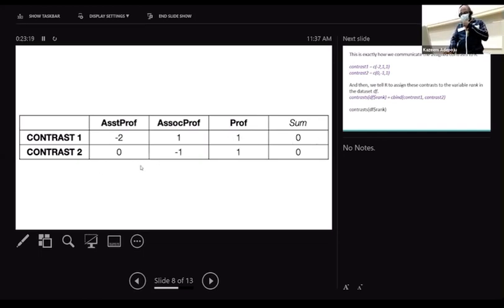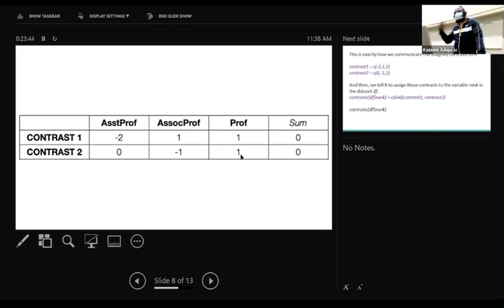When you look at the second contrast, I'm comparing whether there's a significant difference between the salaries of the associate professor and the professor. The one I'm going to assign negative is the lower cadre, which serves as the baseline group, and that really makes sense.